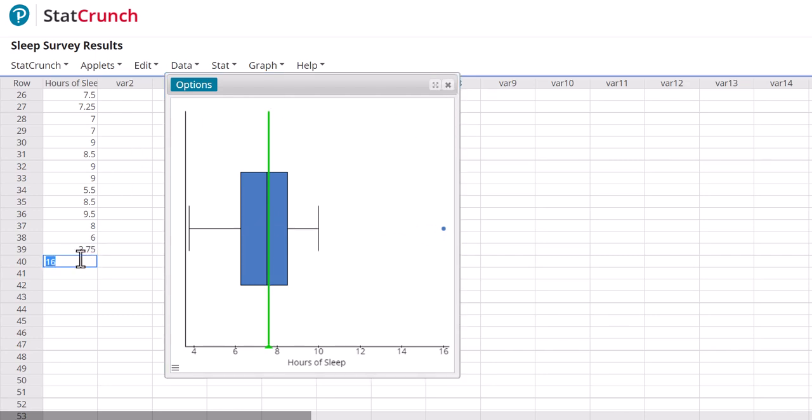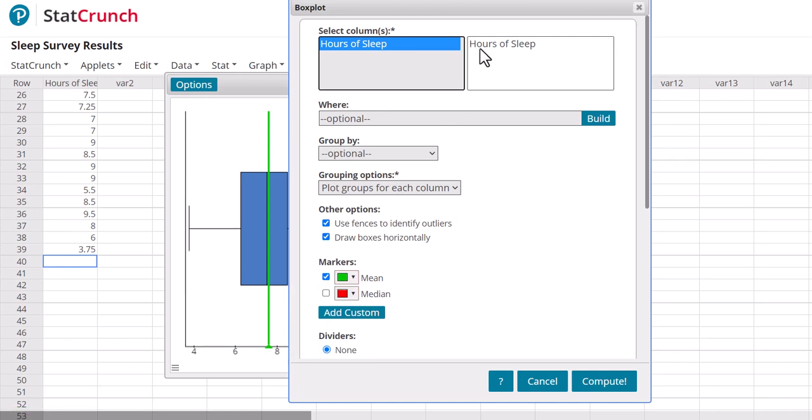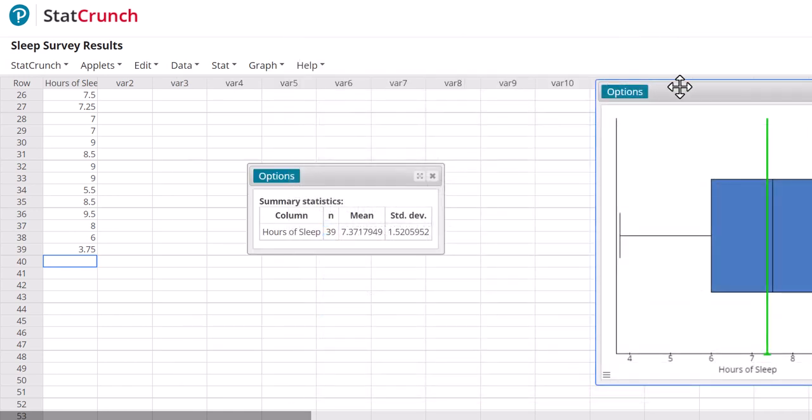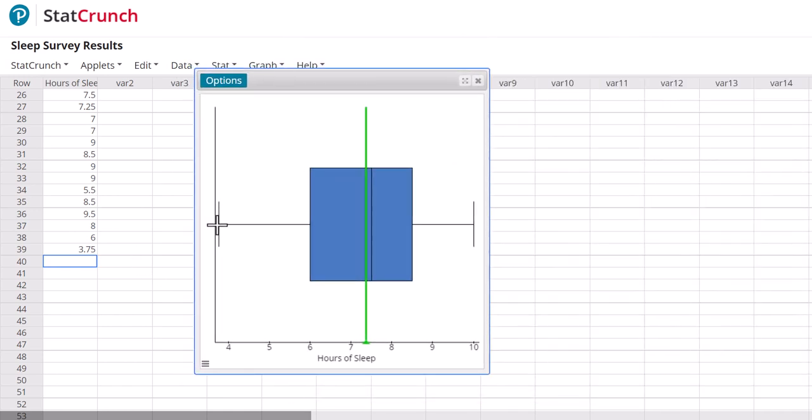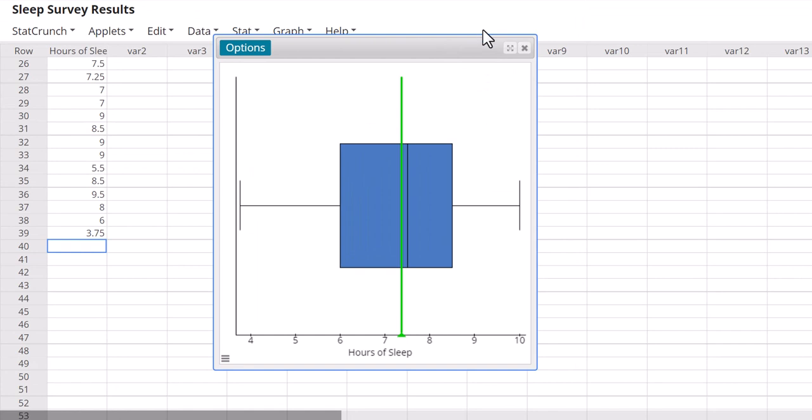But that 3.75, even though it kind of looks like it might be an outlier, it turns out that it's not, because it doesn't show us a dot over here unless I'm missing it. Okay. But this is where our data is. Notice our mean is to the left of the median, so this graph will be slightly skewed left.